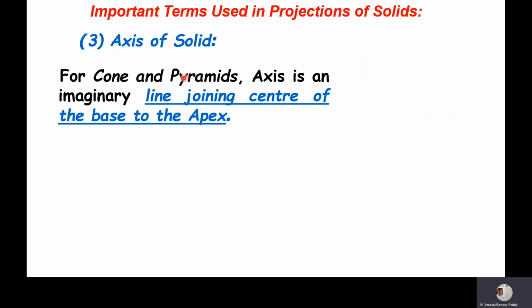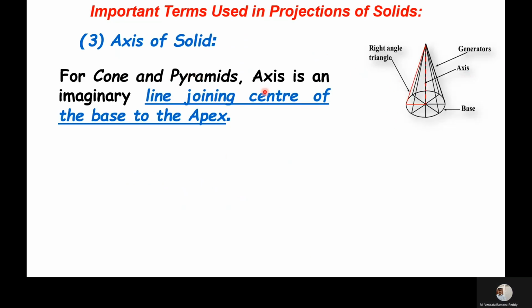Axis of a solid. For a cone and pyramid, axis is the imaginary line joining the center of the base to the apex. So for this cone, this is the imaginary line joining the center of the base to the apex.